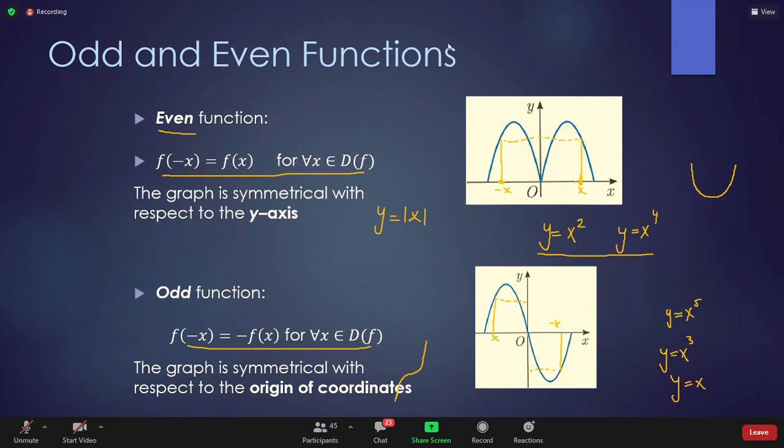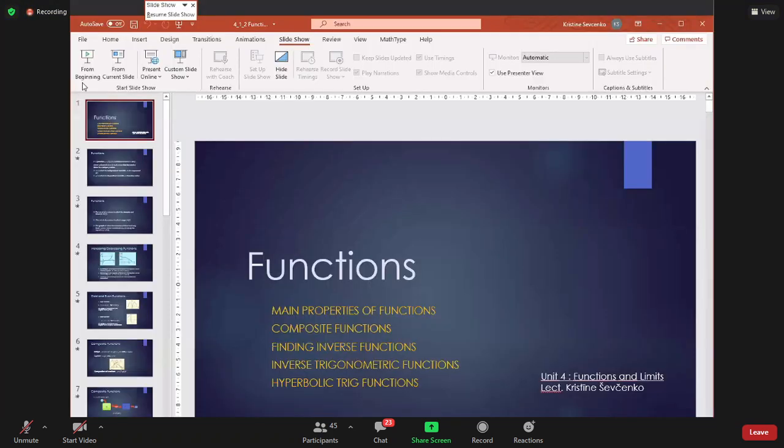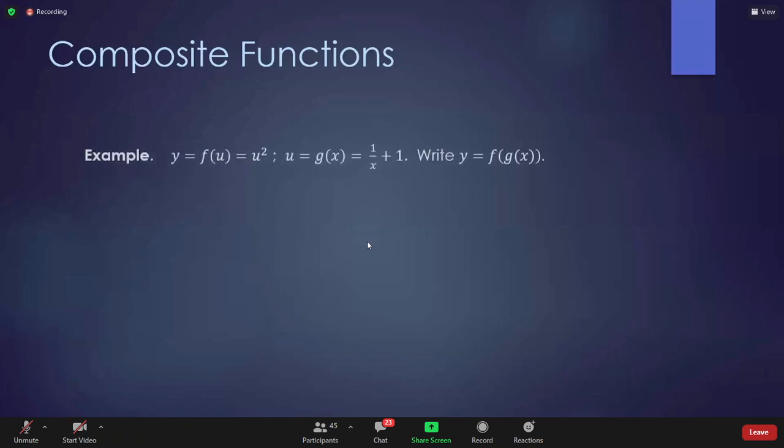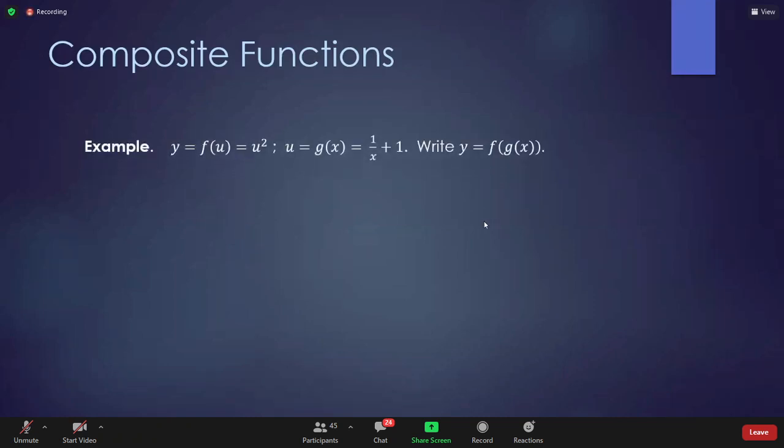I have a slightly confused order. That's all right. Okay, I can resume the share. There we go. From current slide. All right, I thought I had confused my slide order, but it's okay.